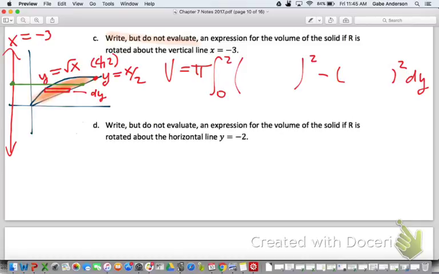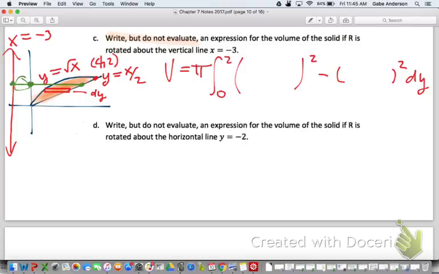So let's think about what this is. I know that this distance right here is going to be a 3. I'll kind of leave that on hold for the moment. But how far is it from the y-axis all the way over to that right edge? What would we call that? X. So if we were going to be consistent with what we did last time, we did the axis of rotation minus whatever the distance was.